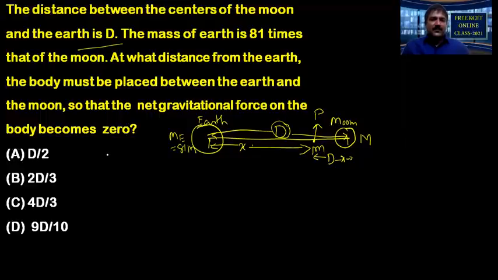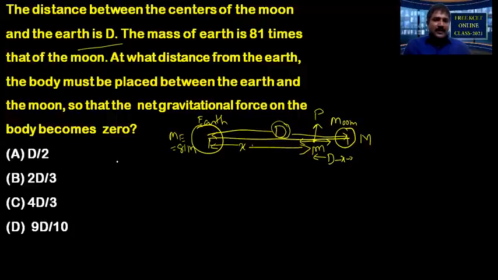That means the magnitude of the force exerted by Earth and the moon should be equal, and the directions must be opposite. The body is pulled by the Earth this way and by the moon that way, so that it doesn't experience any net force.